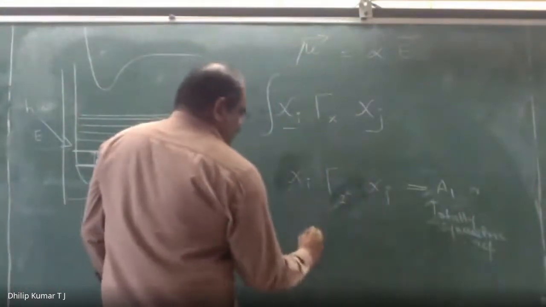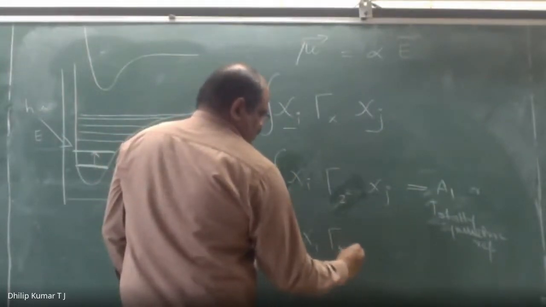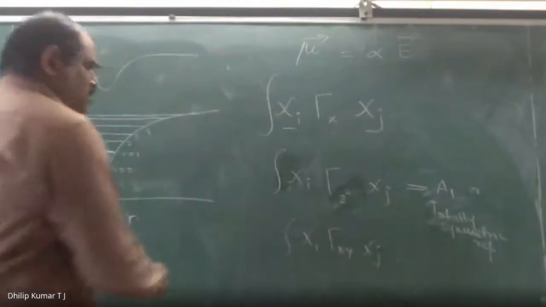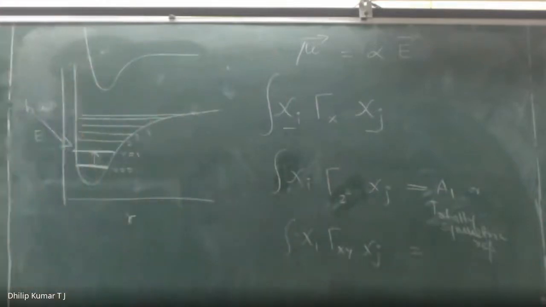It should be chi, say xy, chi z. So if you evaluate that, it should be equal to the totally symmetric representation. That means there will be an induced dipole moment, which results in a change in polarizability of the molecule. So that will give a Raman spectrum.